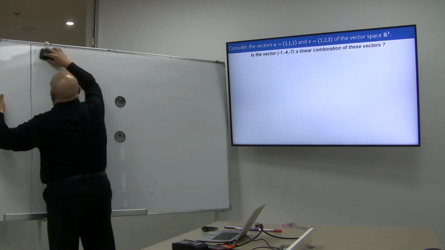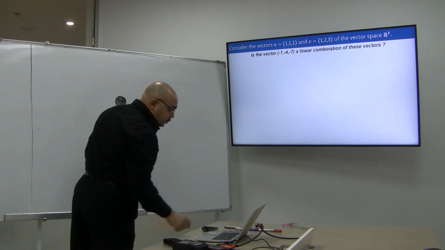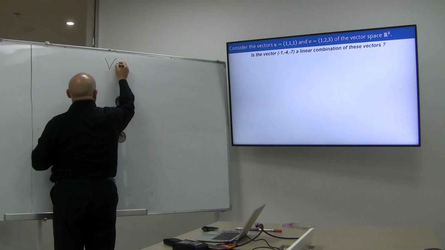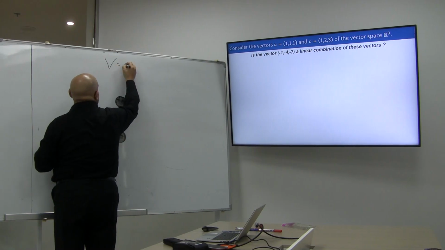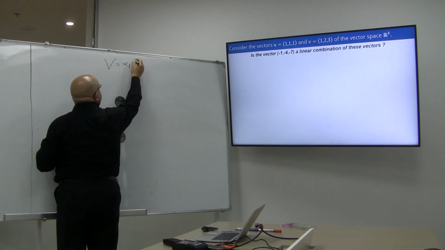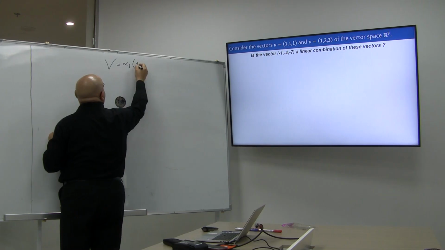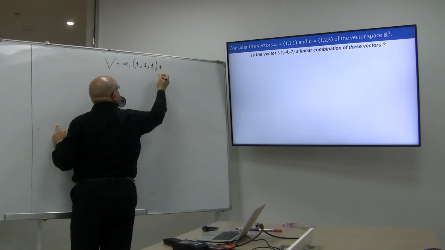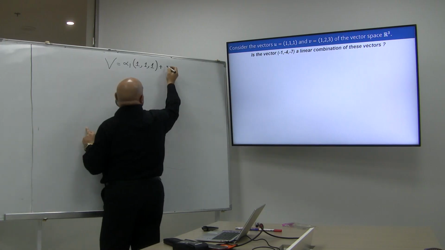What does the main formula say? It says that the vector you want to get should equal alpha 1 times the first vector, plus alpha 2 times the second vector, where alpha 2 is the second coefficient.